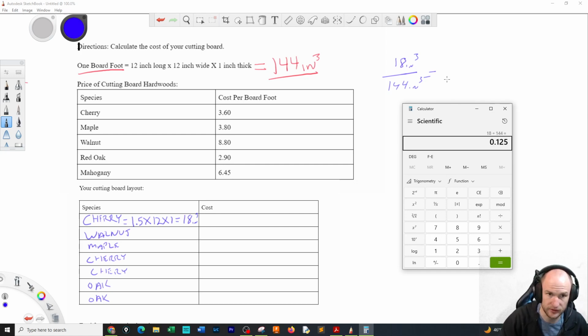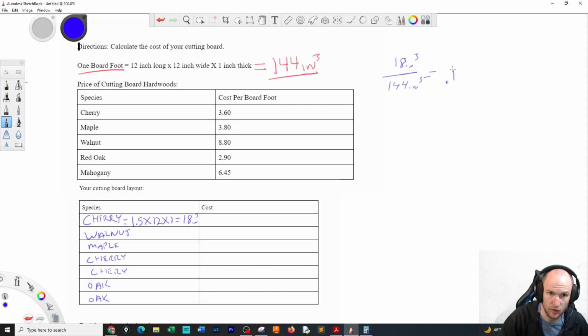So the answer to this is 0.125 board feet. And that's the same for any board that's going to have these dimensions.